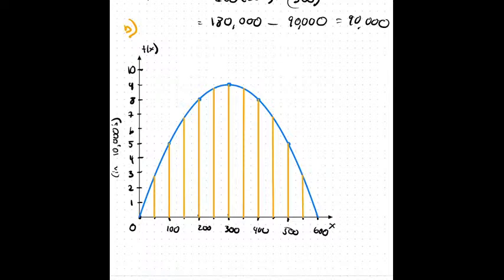So then if we're using the left endpoint like we did in the previous, so let's do now before.